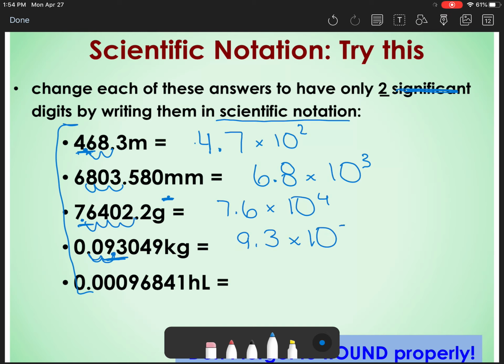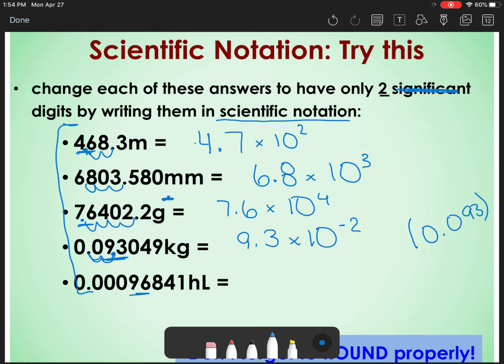But in this case, my exponent actually needs to be negative, because my original number is less than 1. So it's actually a negative 2, which would convert exactly to 0.093. Okay, so my exponent is negative if my original number is less than 1.